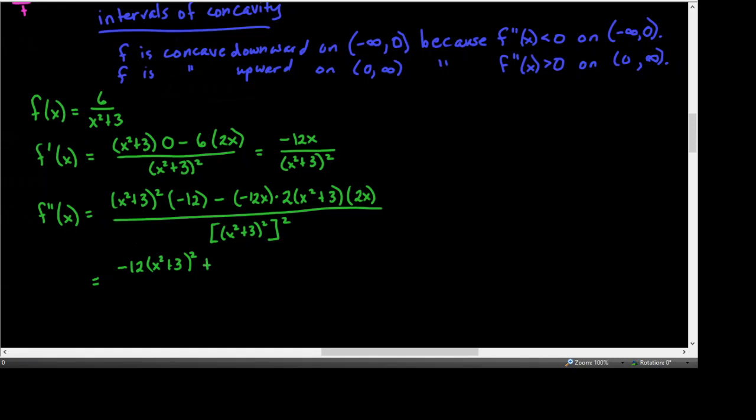Let's see, 12x times 2 is 24x, times 2x is 48x squared, right? Times x squared plus 3. I'm also not wanting to do that distribution, at least not yet. And then power of a power, you multiply the exponents. 2 times 2 is 4. So this will be x squared plus 3 to the 4th.